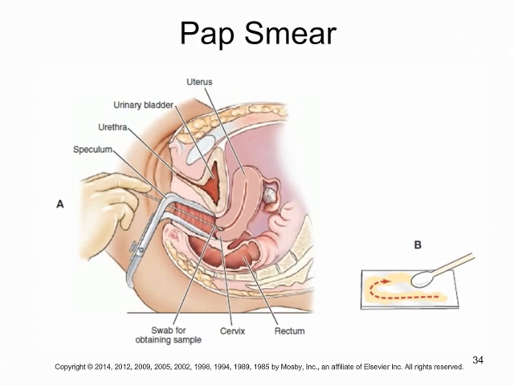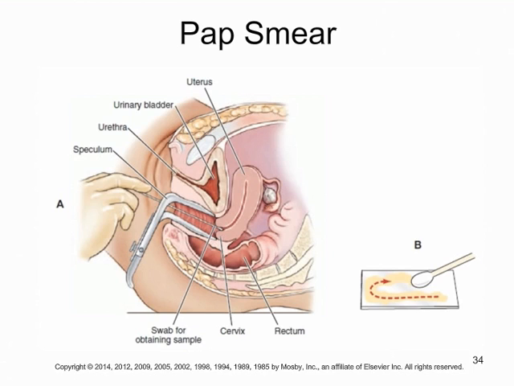So this is what a pap smear looks like, and it's called a pap smear based on the person who first came up with this test back in, I believe, the 1940s. There's a little blurb about it in your book on page 324.